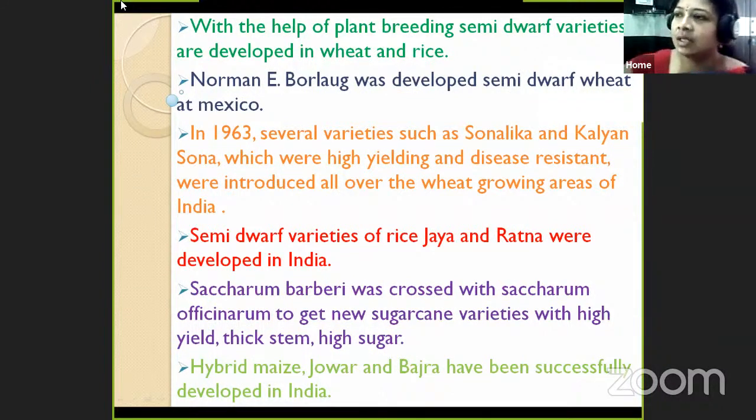Sometimes in crop seasons, when the cultivation period is completed, adverse environmental conditions like high wind and high rainfall cause tall plants to bend into the mud or soil, and the grains are totally damaged.